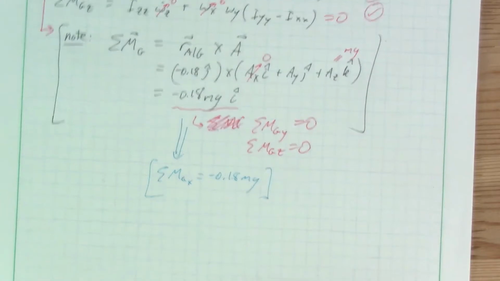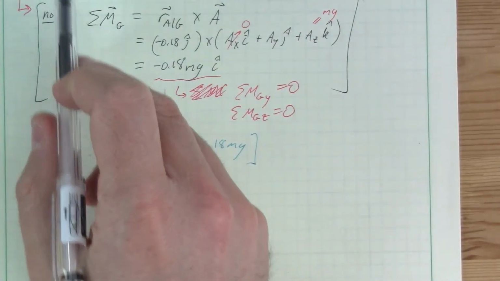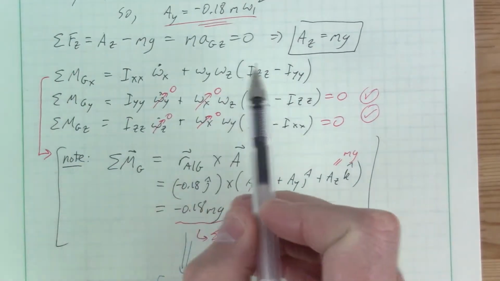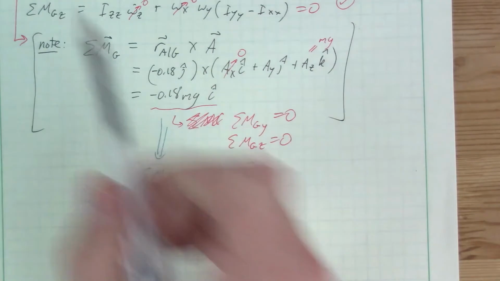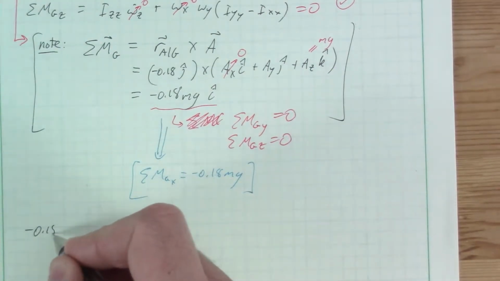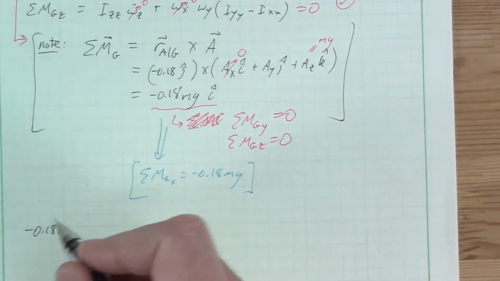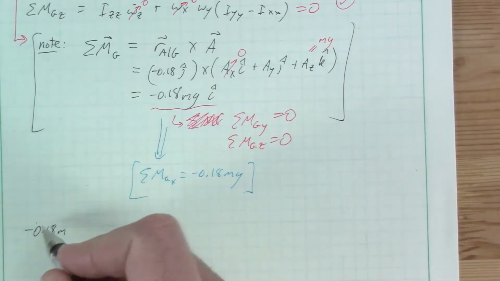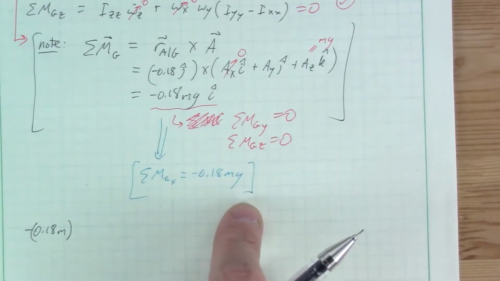A lot of extra chat about this one. Okay, so now we're ready to go back to our x component of the Euler equation and plug some things in. The left-hand side we determined is minus 0.18 meters times mass times gravity.